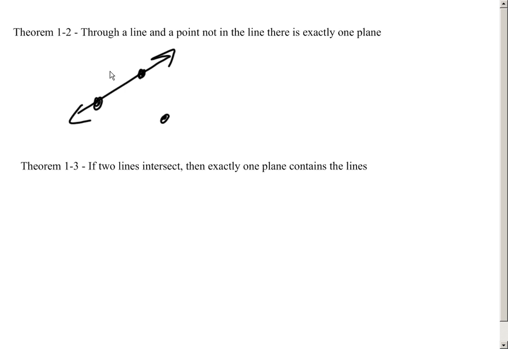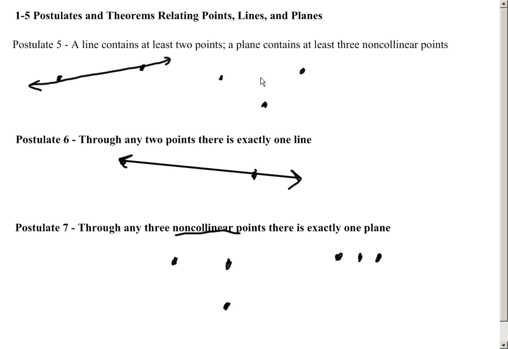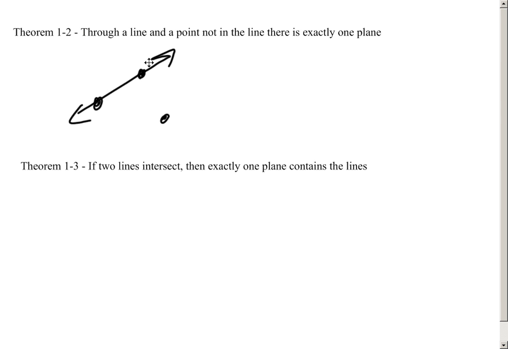Well, then how many points do we know we have now? 3. And we said that any 3 points, there's 1 plane. So the conclusion is if we have a line with at least 2 points, and a point not on the line, we have exactly 1 plane. So a line and a point give us 3 points to make a plane.